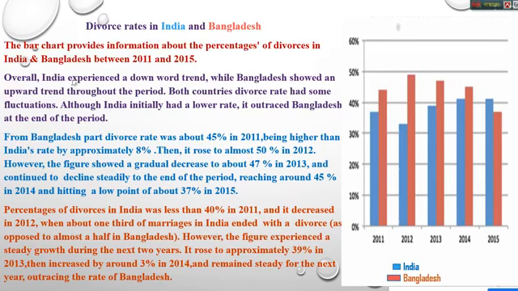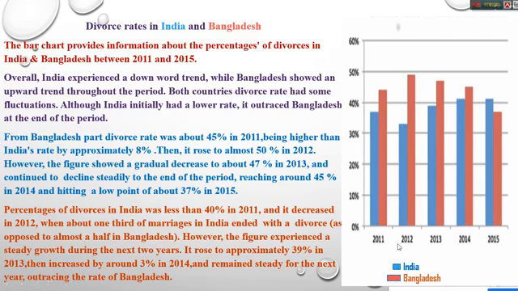Okay, so let's see. The bar chart provides information about the percentages of divorces in India and Bangladesh between 2011 and 2015. As I mentioned earlier, vertically the chart shows the percentages, and horizontally the number of years is given.